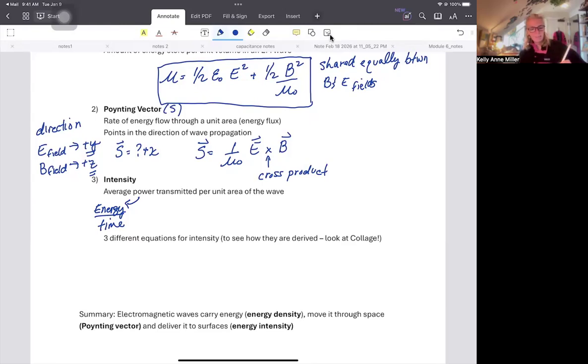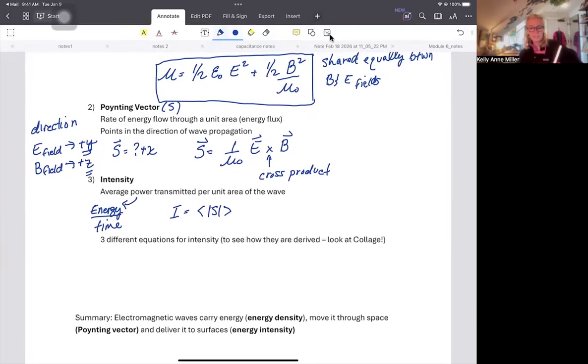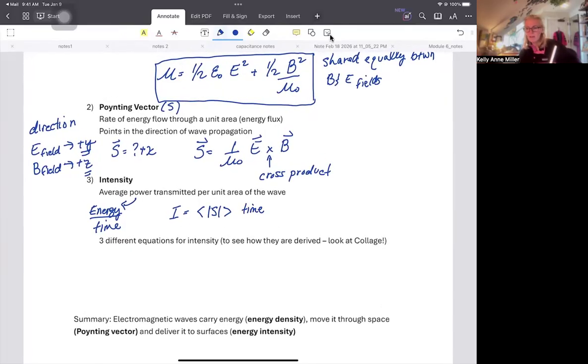You can think of intensity as the time average of the magnitude of the Poynting vector, which would be written as the absolute value of the Poynting vector inside these pointy brackets, which mean time average.